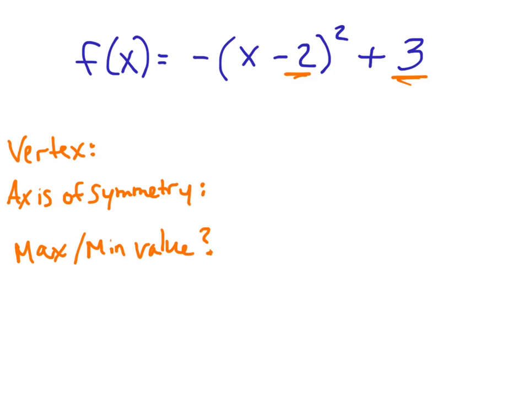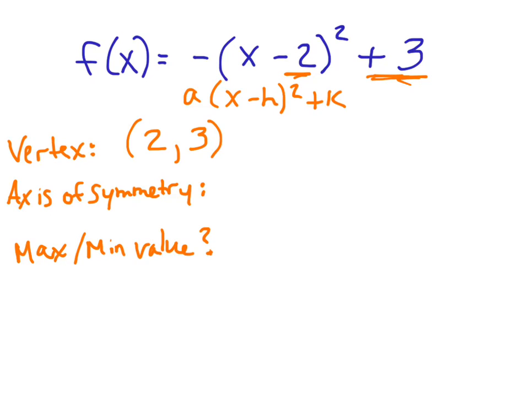Remember, this is a times x minus h squared plus k. And so if h, k is your vertex, then h is whatever's being subtracted from x. So in this case, h is a 2. And then k is whatever number is here at the end of the equation. So in this case, a 3. So your vertex is 2, 3.